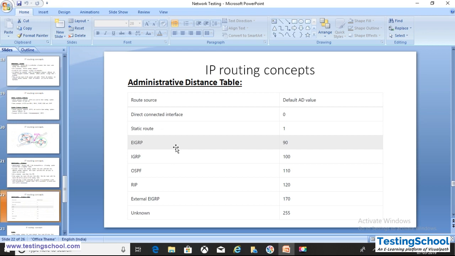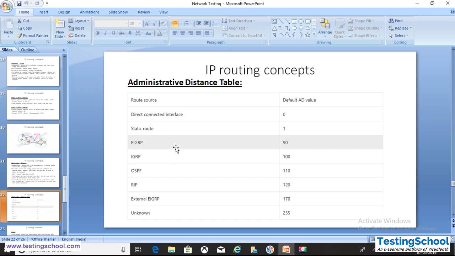EIGRP we are not going to see anyway, but how RIP uses hop count as its metric, we'll see that. So the summary is that every routing protocol calculates the metric in its own way to calculate the cost of the path.